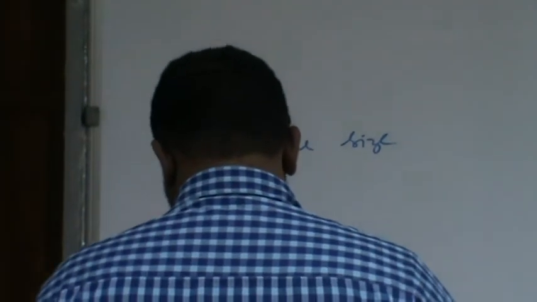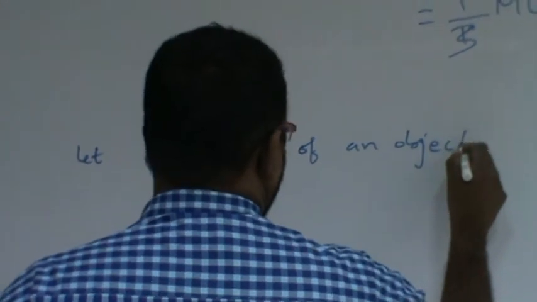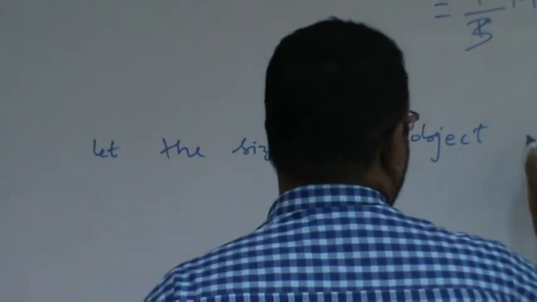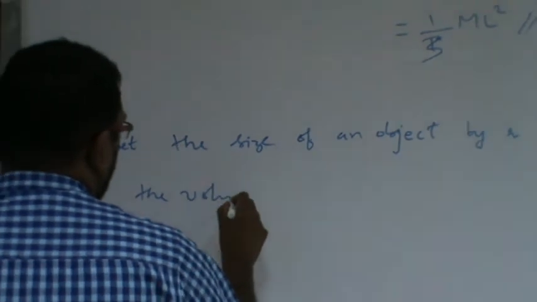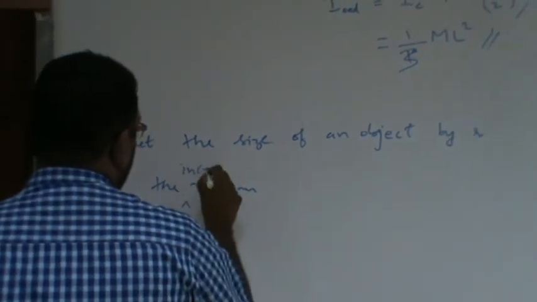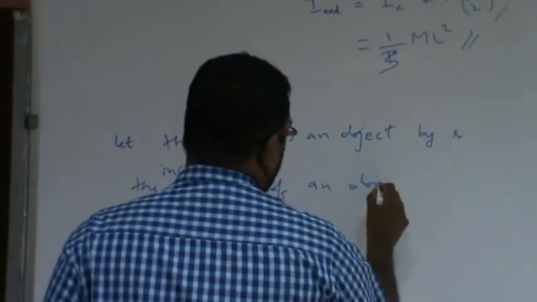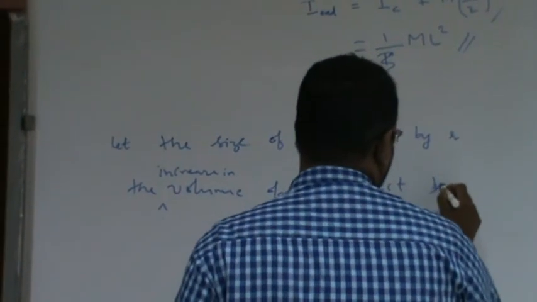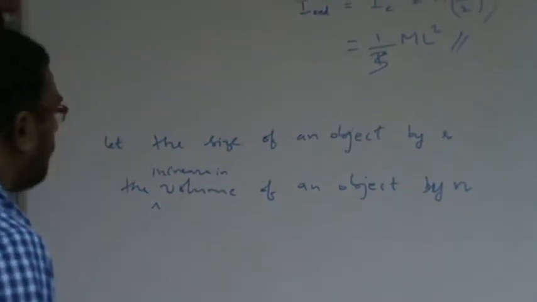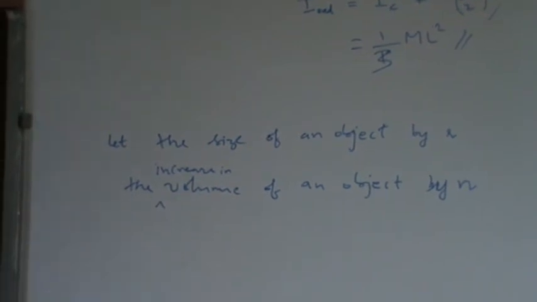The dimension is defined as the increase in the size of an object, let us denote by R, and the increase in the volume of an object, you call it by some N. Size means length, and volume because of mass.